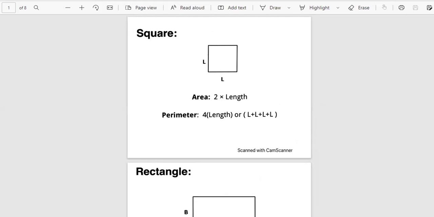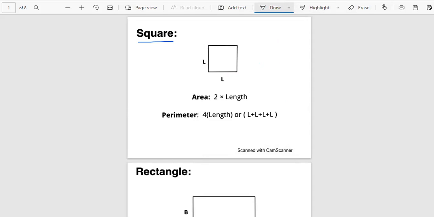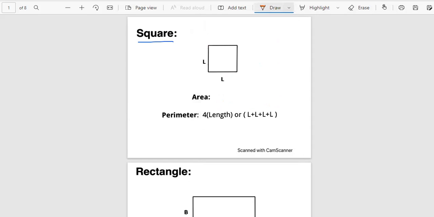In case of a square, in order to find the area, this is what we are going to do. Just give me 1 second. It should be L square, okay? So we multiply length with length and that gives us the area.